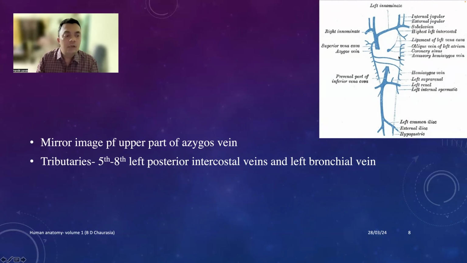Its course begins from the medial end of the 4th or 5th intercostal space, and it descends on the left side of the vertebral column. From the 4th or 5th intercostal space, it descends downward, and at the 8th thoracic vertebra it crosses toward the right side and joins the azygos vein. In that way, it makes your accessory hemiazygos vein.